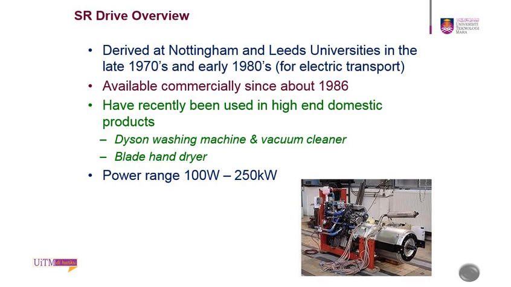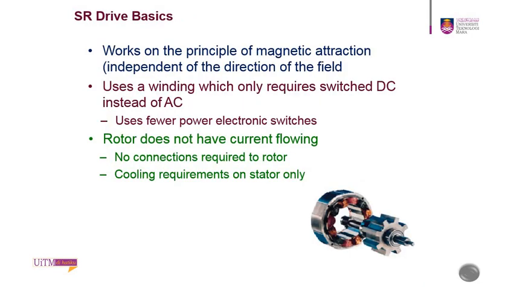The power range of the switched reluctance motor is around 100 watts to 250 kilowatts, so it can be very big. The drive basics: it works on the principle of magnetic attraction, so it's independent of the direction of the field.